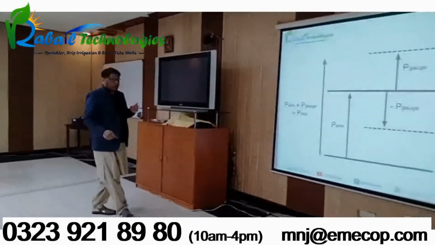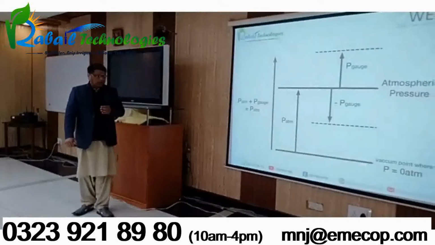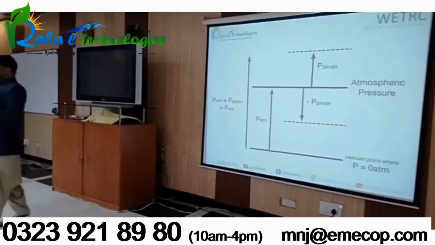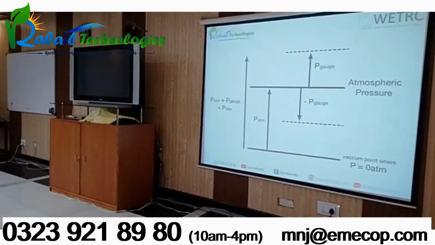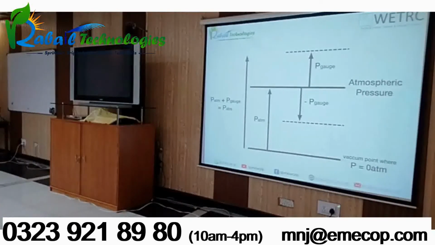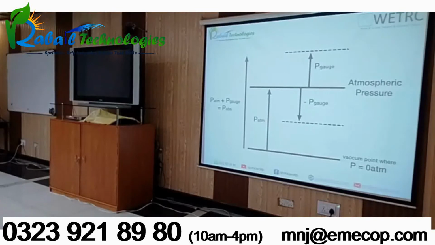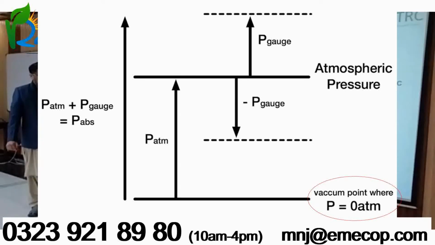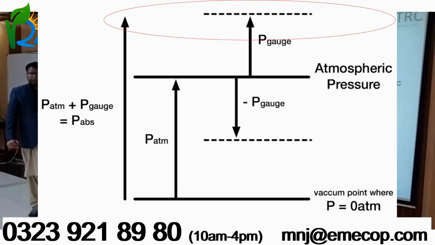And by the way, 0 atmosphere is not possible, because you would create it with vacuum pumps or some other arrangements, and nothing is 100% efficient. So you can't achieve a 100% vacuum. Absolute zero vacuum is not possible, but we are just taking it theoretically. If that is the absolute zero for the vacuum pressure, then that is the line for atmospheric pressure.